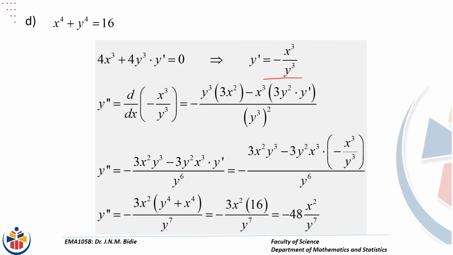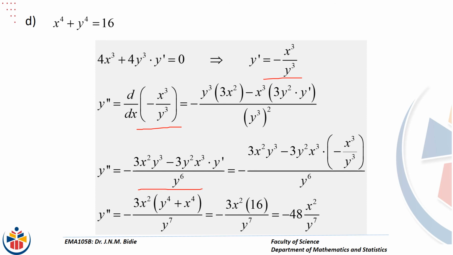Now, finding the second derivative, you are differentiating your first derivative answer using the quotient rule. Please check if it has been done appropriately. Simplifying the third step of the second derivative, that's what I got.